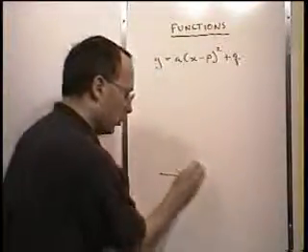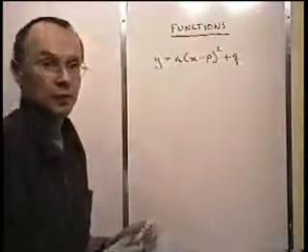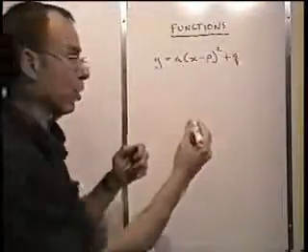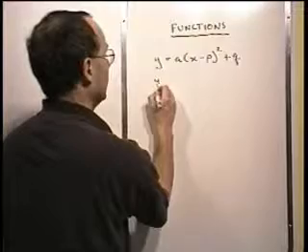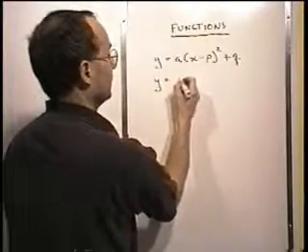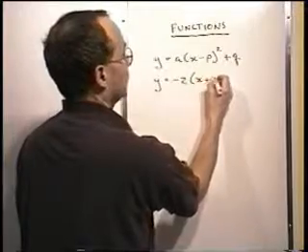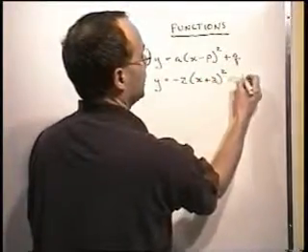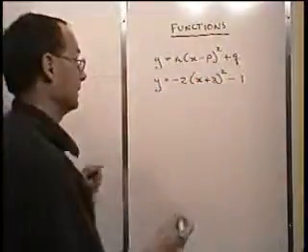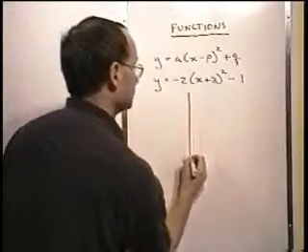We don't want anybody going through the chapter with something that you remembered wrong. So maybe I'll do a quick example here of, let's say, negative 2, x plus 3 squared minus 1. So how would I graph that?